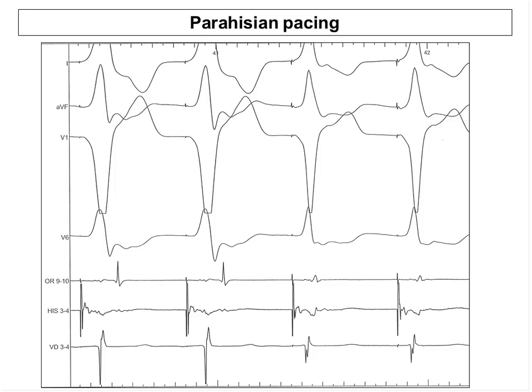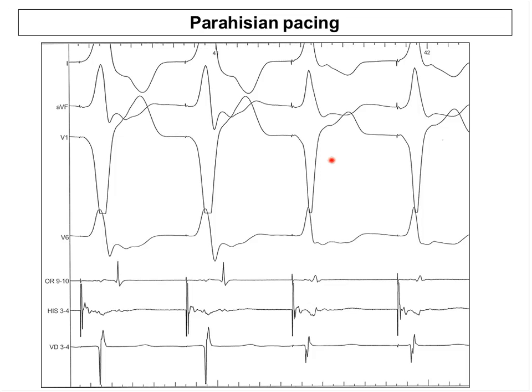So pacing with a low output, you capture only the ventricle. Pacing with high output, you capture both the ventricle and the His bundle that is adjacent to the ventricular pacing site. Now, how can you tell that? You tell that, as you can see in this example, because the width of the QRS changes dramatically from one beat to another.